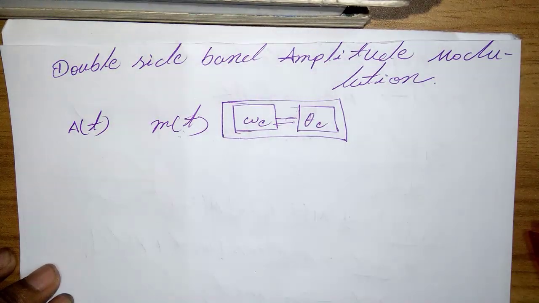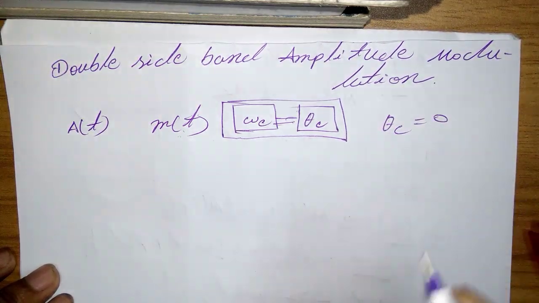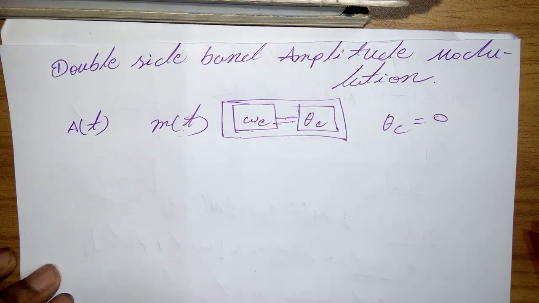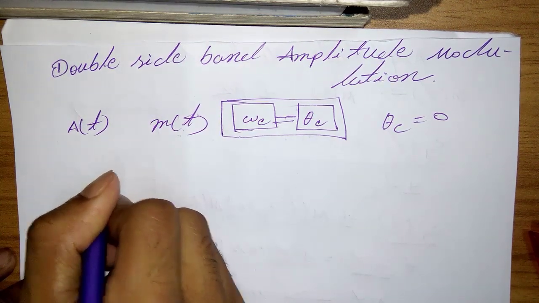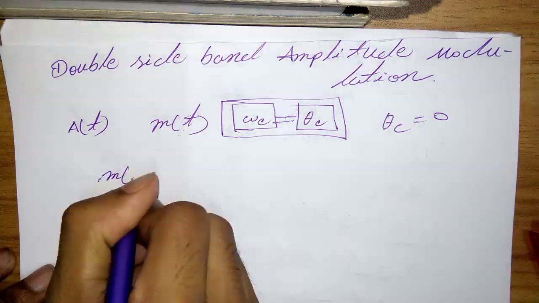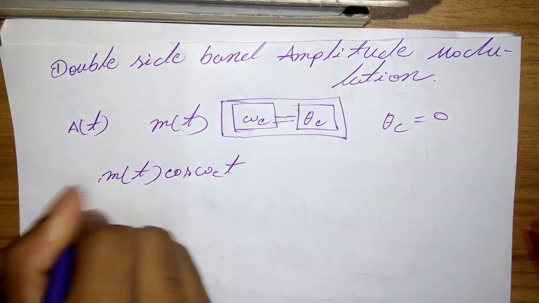So we can assume theta c equals 0 without loss of generality. So if the carrier amplitude A is made directly proportional to the message signal m of t, then the modulated signal is m of t cos omega c t, clear?